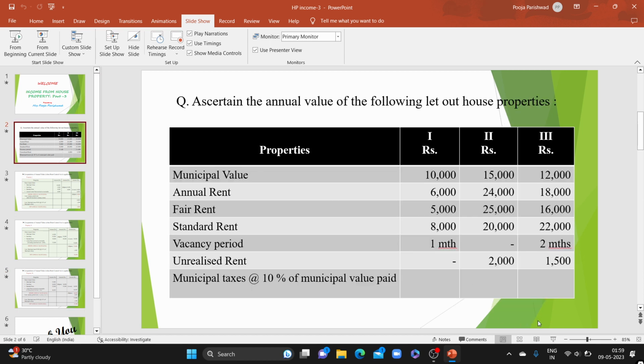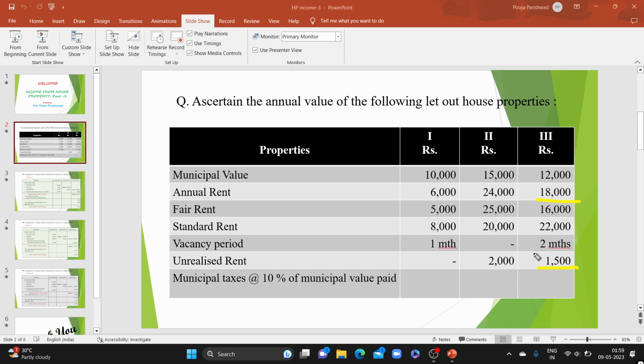In case of house property 3, unrealized rent is rupees 1,500. Annual rent of house property 3 is 18,000. By excluding unrealized rent 1,500 from 18,000, you will get 16,500, that is actual rent received or receivable in case of house property 3.